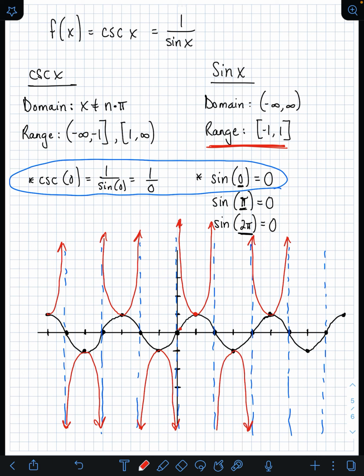So actually, the best way to draw a cosecant function is to first draw the sine function and then draw the cosecant function to match it.